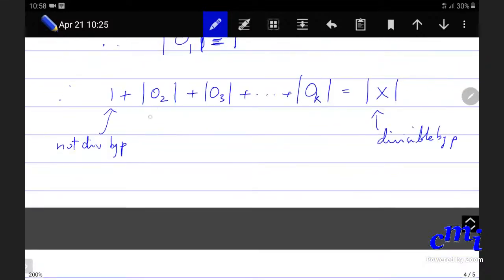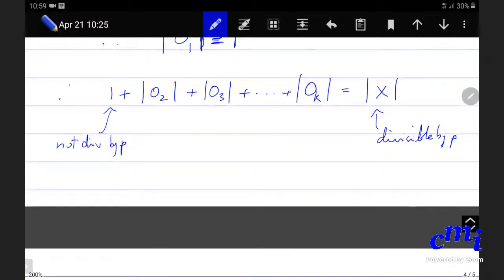Because if the size of O2 is divisible by p, the size of O3 is divisible by p, and all of these things are divisible by p, the left side would be a number which is 1 mod p, while the right side is 0 mod p. So that can't happen. Therefore, there must exist something on the left side which is not divisible by p.